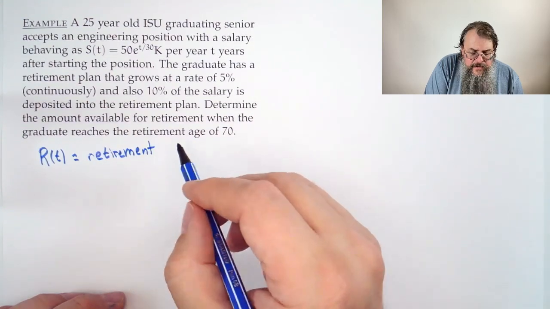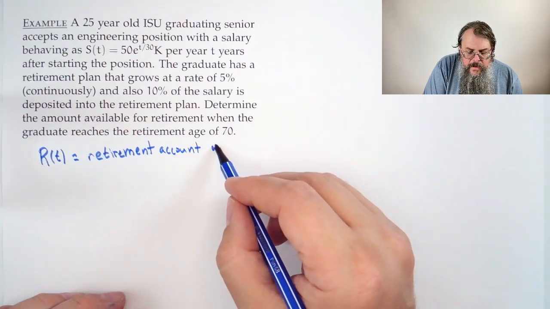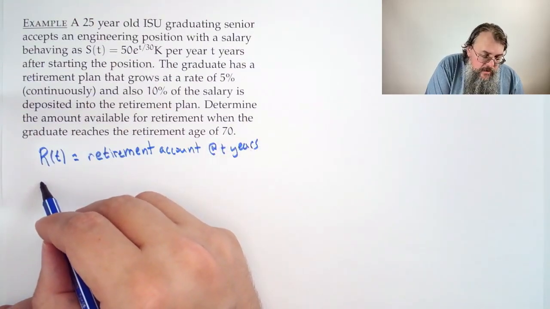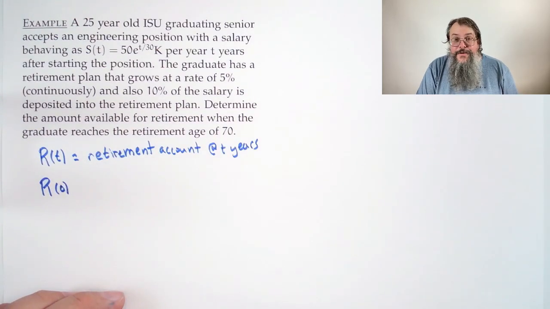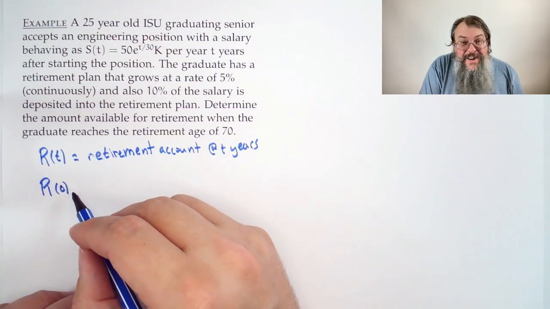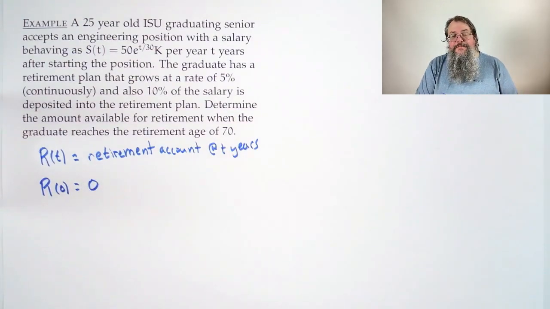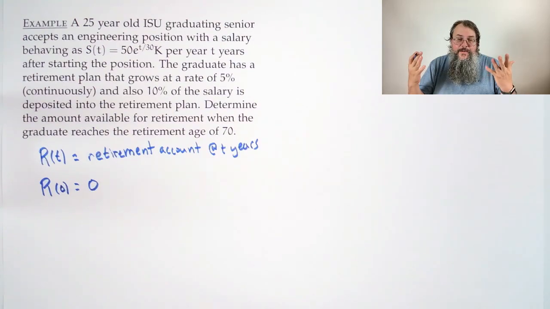So, okay, we've given it a name. And what do we know? Well, as with all graduating seniors, when you retire, I shouldn't say all, but a lot of them, there's nothing there at time 0. So your retirement account starts with the job. Okay, so that's our initial condition.